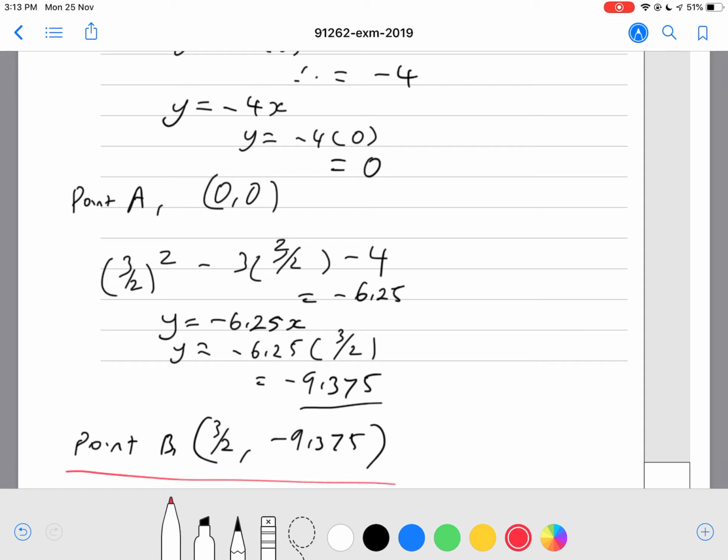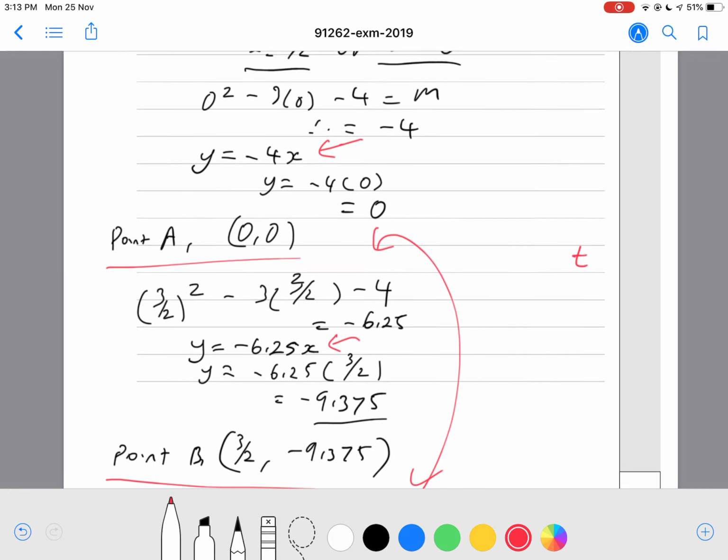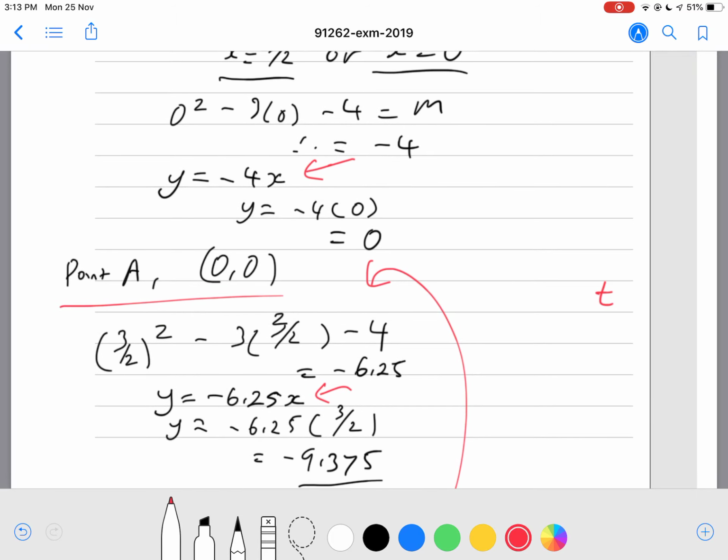And if you get both point B and point A, that's definitely an excellent grade for this question. So with both of these correct, as well as the equation of the tangent correct, you'll get an excellent grade. In terms of a merit grade, I'm thinking if you just have one of these points, so for example, if you have -4x and the coordinates, you'll get merit.